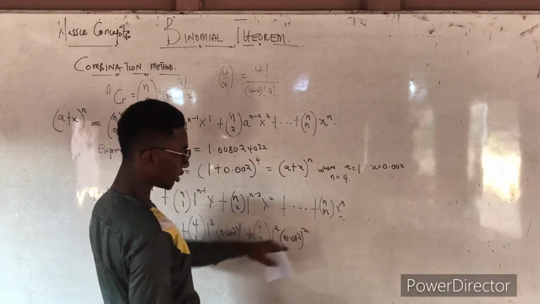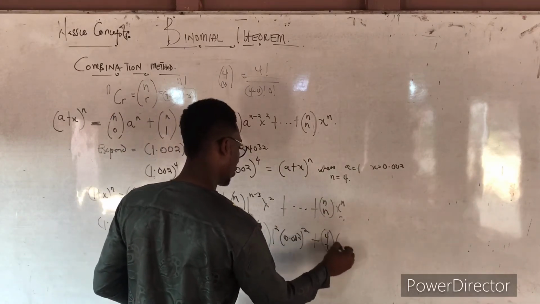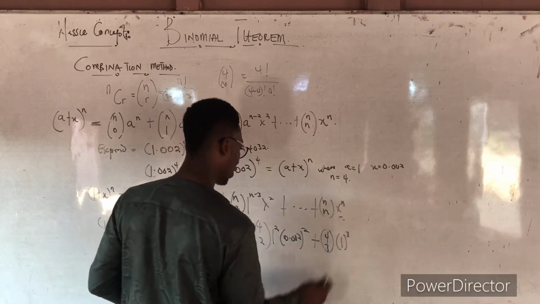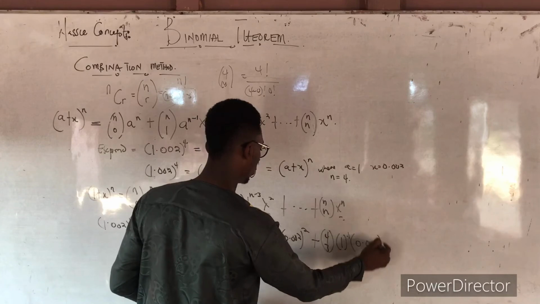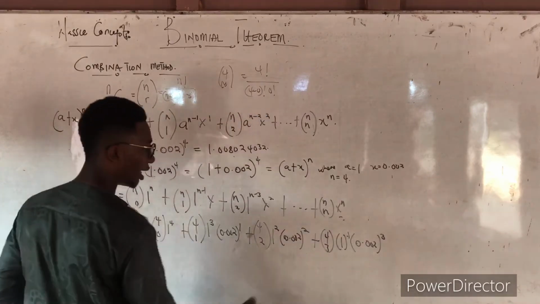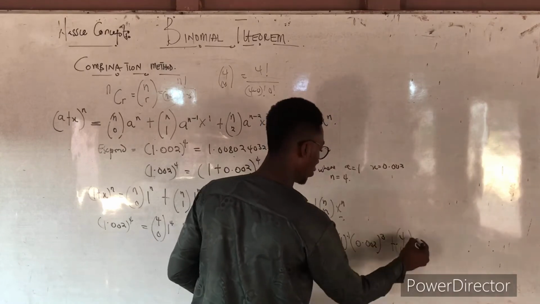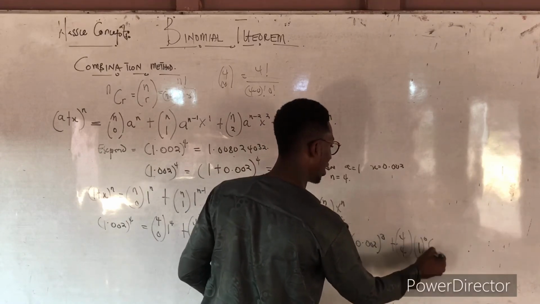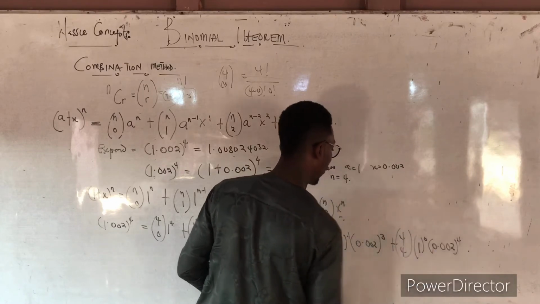The x power is also increasing. Plus 4 combination 3, 1 exponent 1, and the x, which will increase, 0.002 cubed. And the last one is plus 4 combination 4, 1 exponent 0, and the x value, which is 0.002, exponent 4.